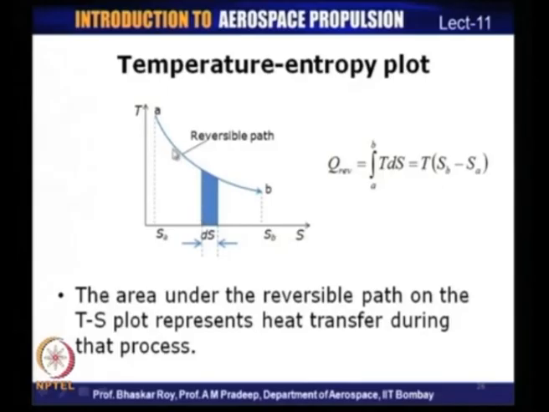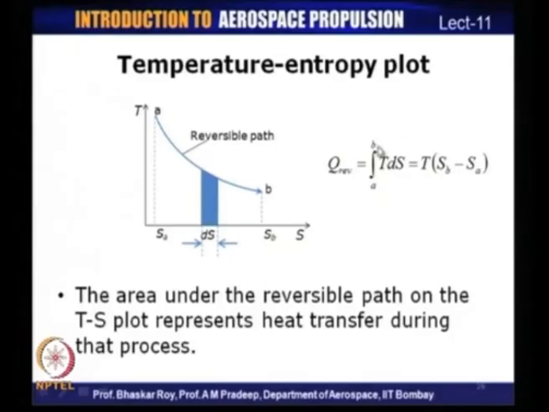So, if you were to find out the heat transfer which has taken place during this process A to B, which is a reversible path, then Q reversible is simply equal to the integral from A to B of T dS, which comes from our expression for entropy, where dS was equal to dQ by T for a reversible process.